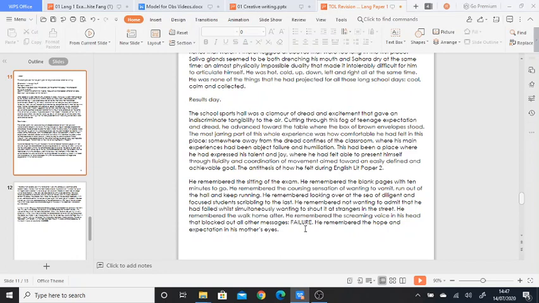This had been a place where he had expressed his talent and joy, where he had felt able to present himself through fluidity and coordination of movement, aimed toward an easily defined and achievable goal, the antithesis of how he felt during English Lit Paper 2. He remembered the sitting of the exam, he remembered the blank pages with 10 minutes to go, he remembered the coursing sensation of wanting to vomit, run out of the hall and keep running.